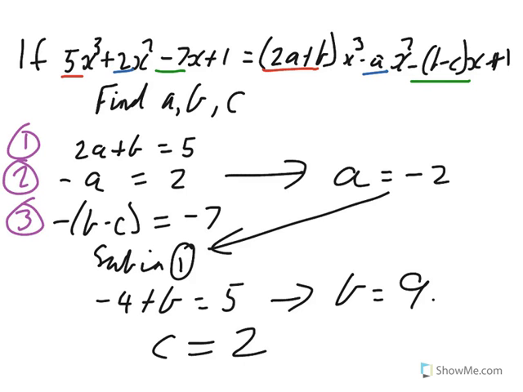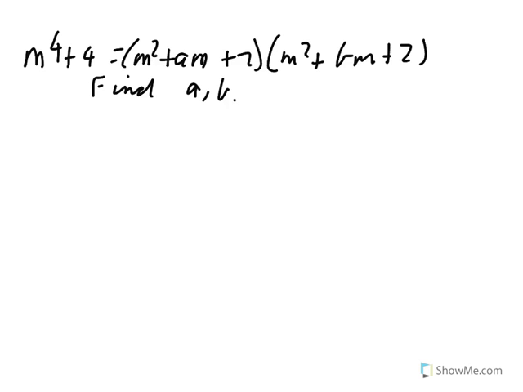Okay, so that's a simple one. Let's look at a couple more examples. Okay, so here we go. We've got m to the 4 plus 4 equals (m squared plus am plus 2)(m squared plus bm plus 2), and we're going to find a and b. So essentially we've got to expand the right hand side first of all, so we need it in a form that we can equate.